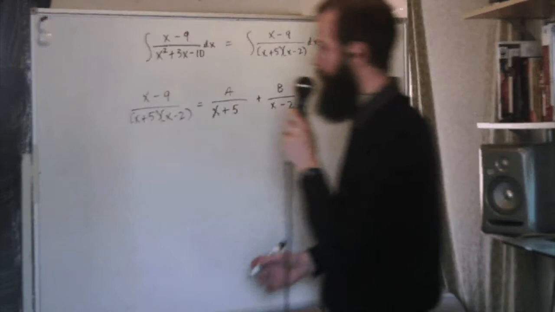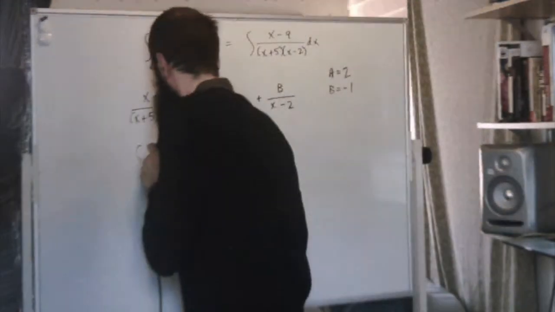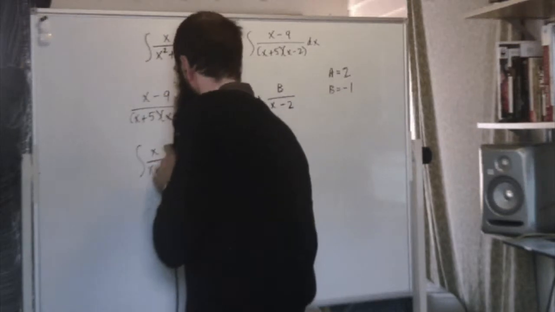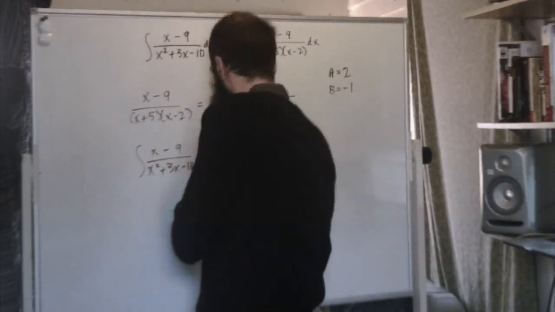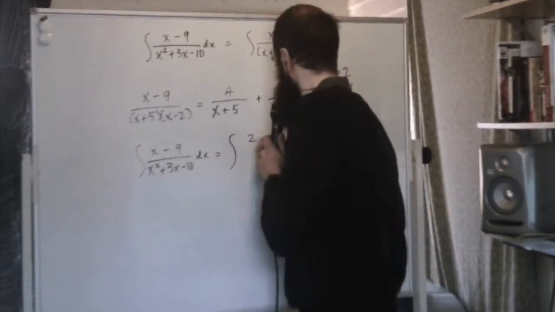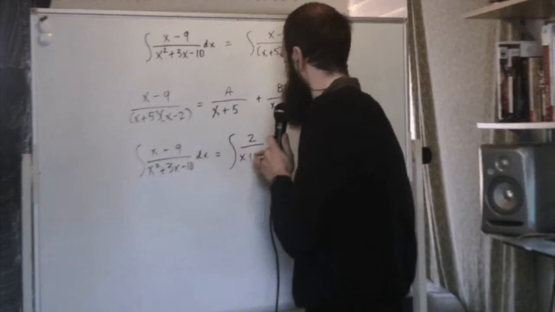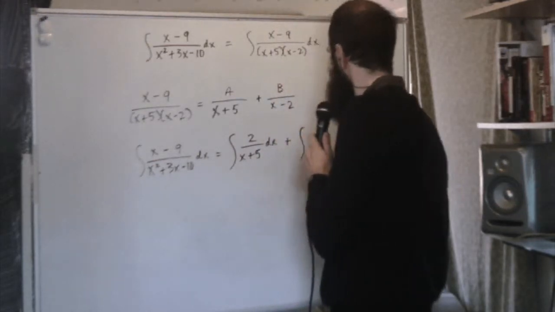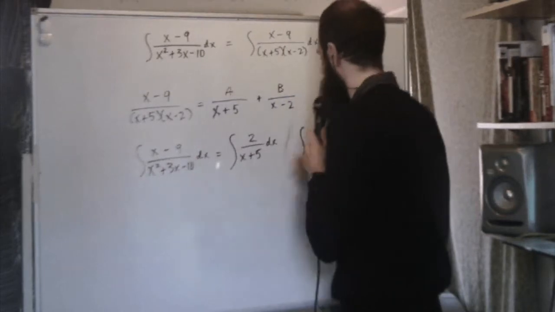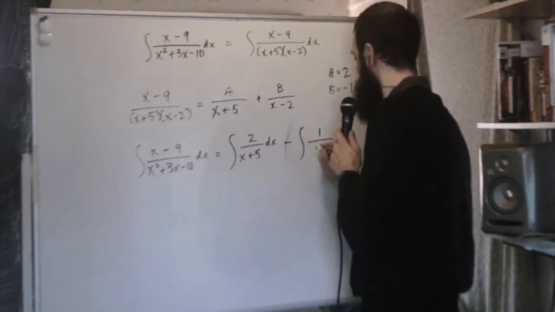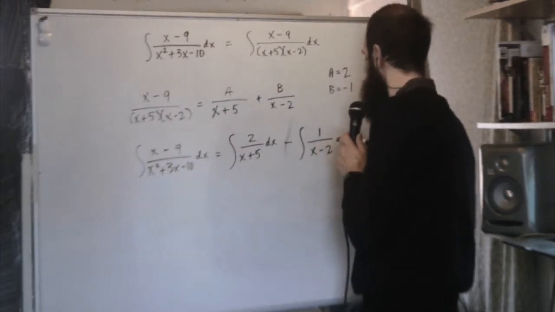I'll reconstruct the integral as well. So our original integral is now equal to, I'm going to leave these as separate integrals, a is equal to 2, so we have the integral of 2 over x plus 5, actually, minus the integral of 1 over x minus 2.